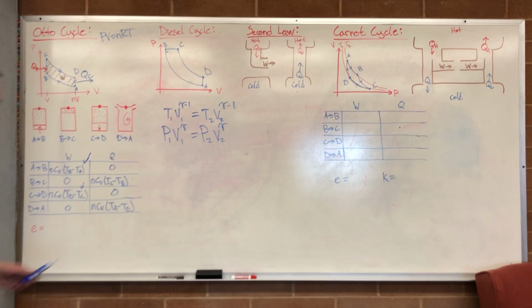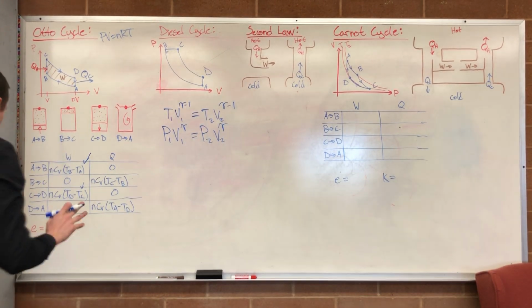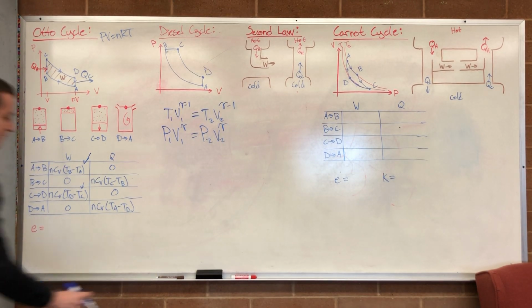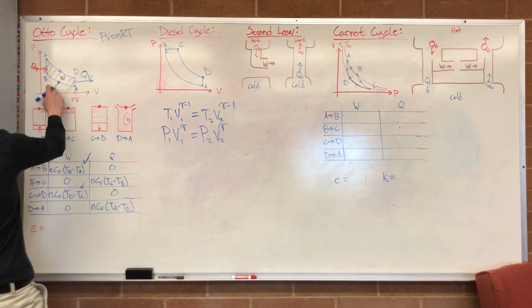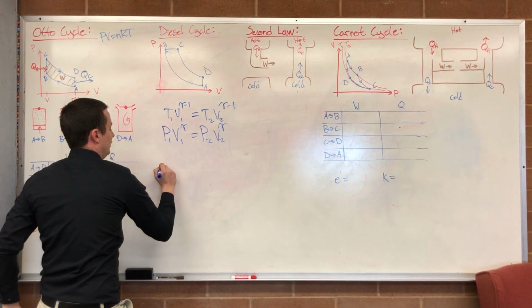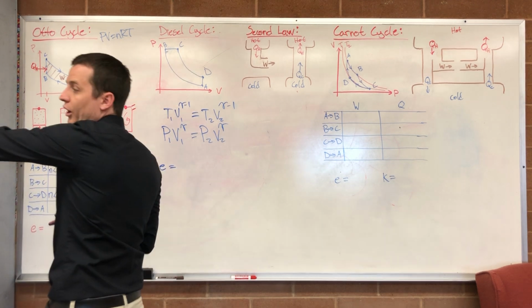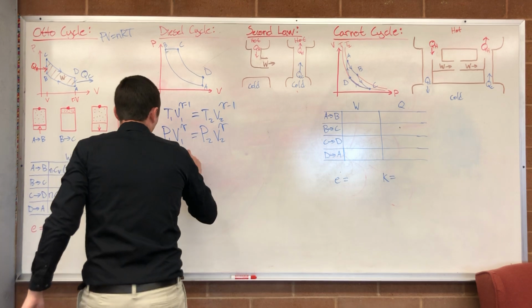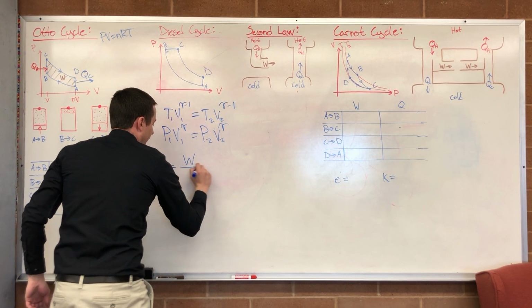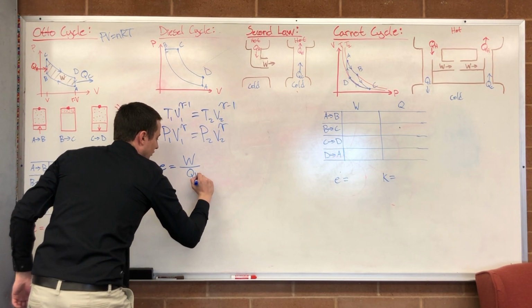Alright, not sure which substitutions I may do yet. I may have to use that information, just not sure how yet. Okay. So when we're calculating the efficiency of our engine, the efficiency is equal to the work divided by Q sub H, right?